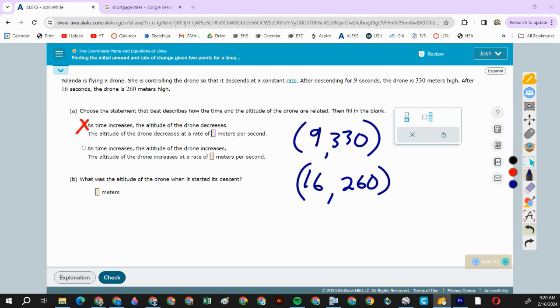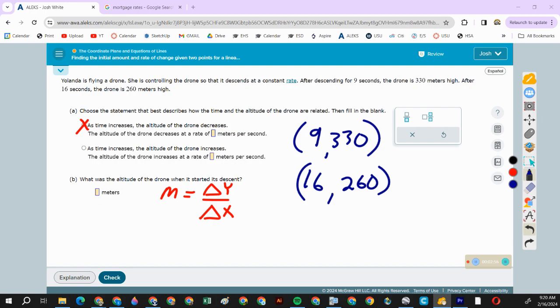And the altitude of the drone decreases at what rate? So remember, slope is the change in y over the change in x. A lot of times you'll hear that called delta y and delta x. That little triangle is a Greek symbol. It is the letter D in Greek.